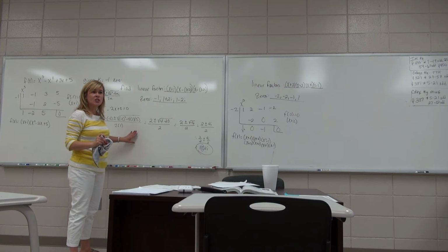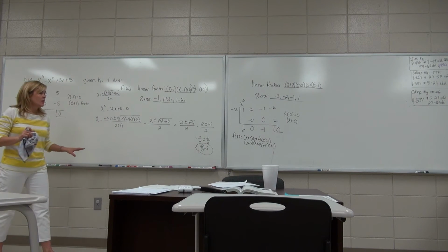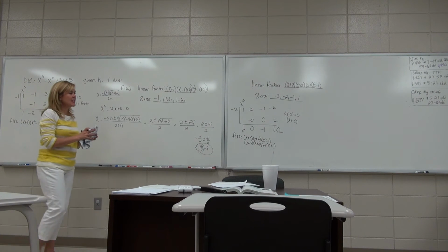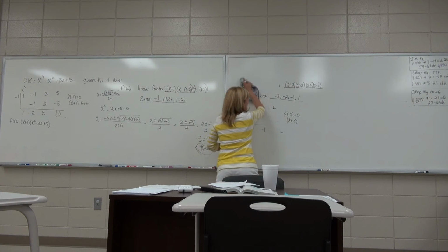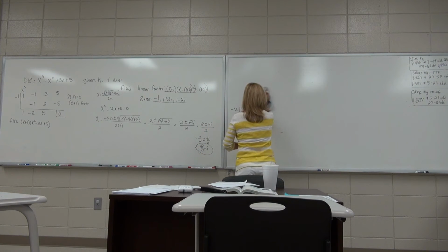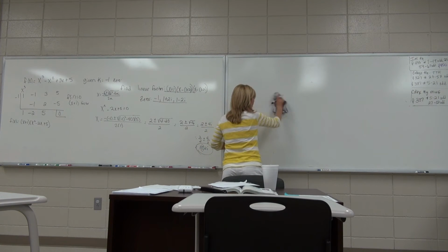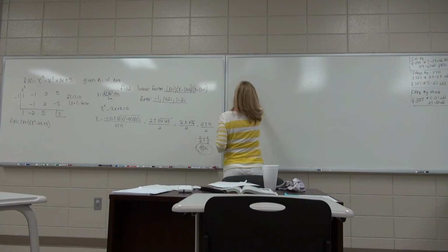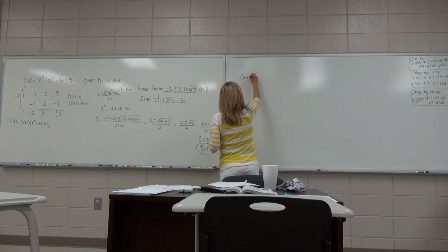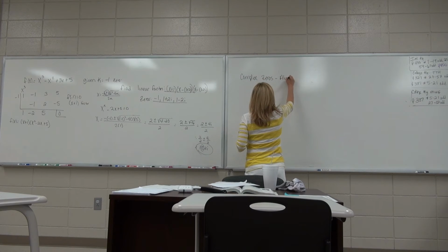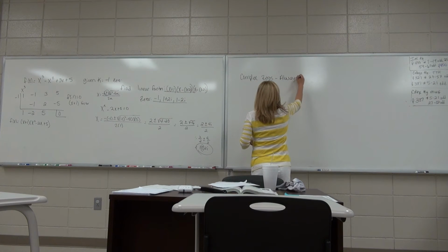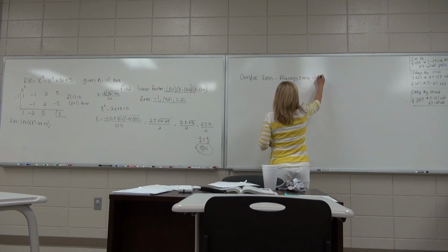Now I'm going to show you how this is going to help us. This problem helps us because we can now say, by definition, which is on that note sheet that I gave you, that complex zeros, and also irrational ones, but we're not going to deal with those, always come in conjugate pairs.